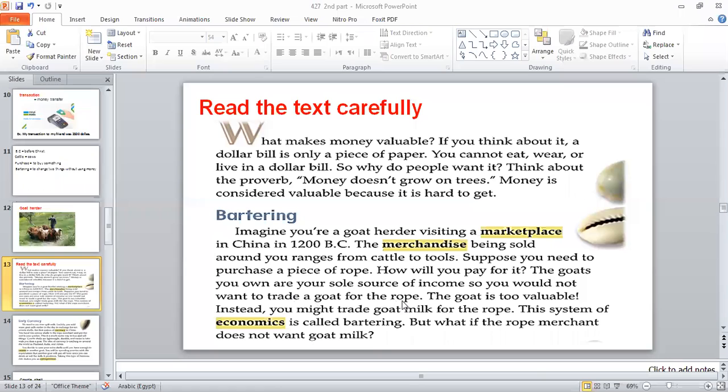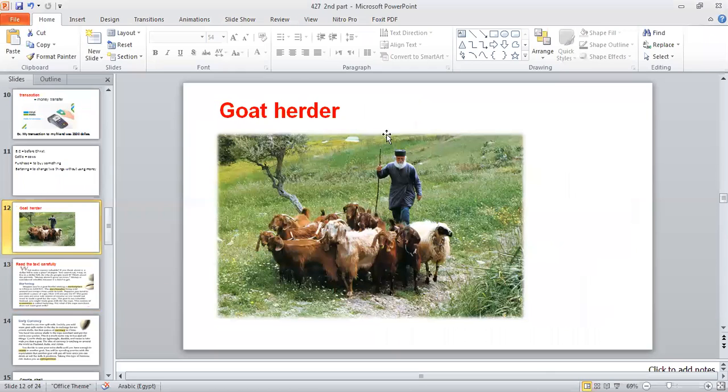Okay Fahd, can we stop here for a second? Now I have a question for you and all of our friends. In the past, if you are a goat herder, this man who is taking care of some goats, and all you have from these goats is only milk, and you want to buy something like a rope from a merchant, how can you pay?